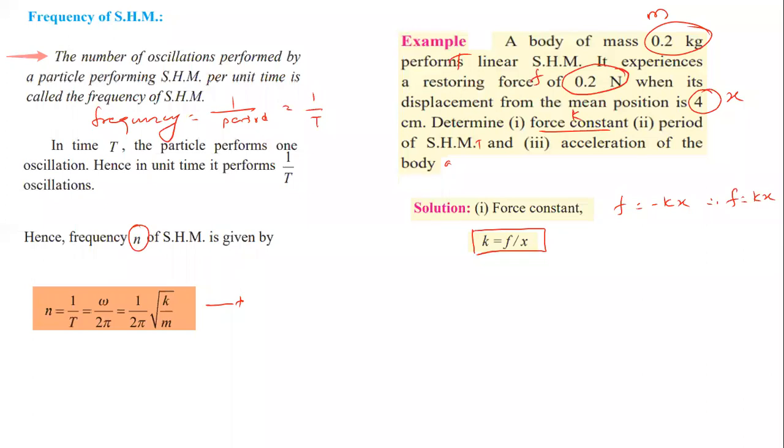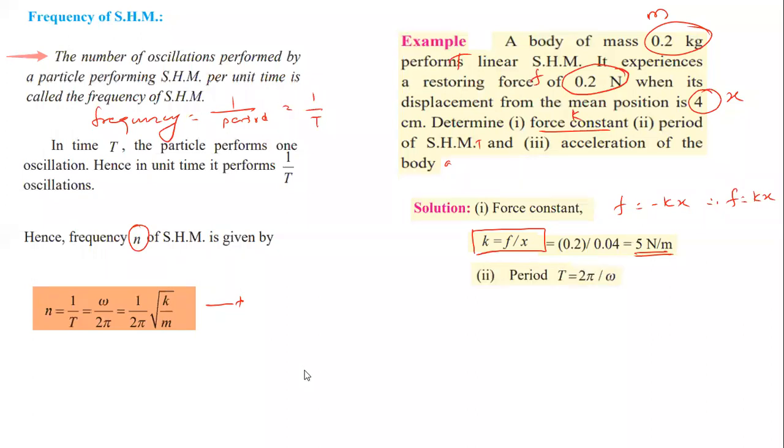Now we substitute F and x in one system. F is 0.2 and x is 4 centimeter. 4 centimeter means 4 into 10 raised to minus 2, or 0.04 meter. So after substituting and solving these values, we get K is equal to 5 Newton per meter.